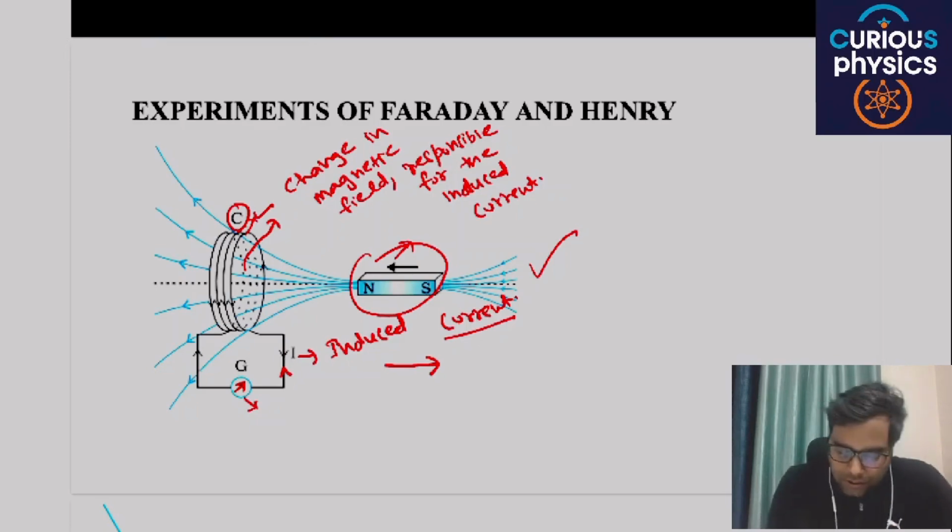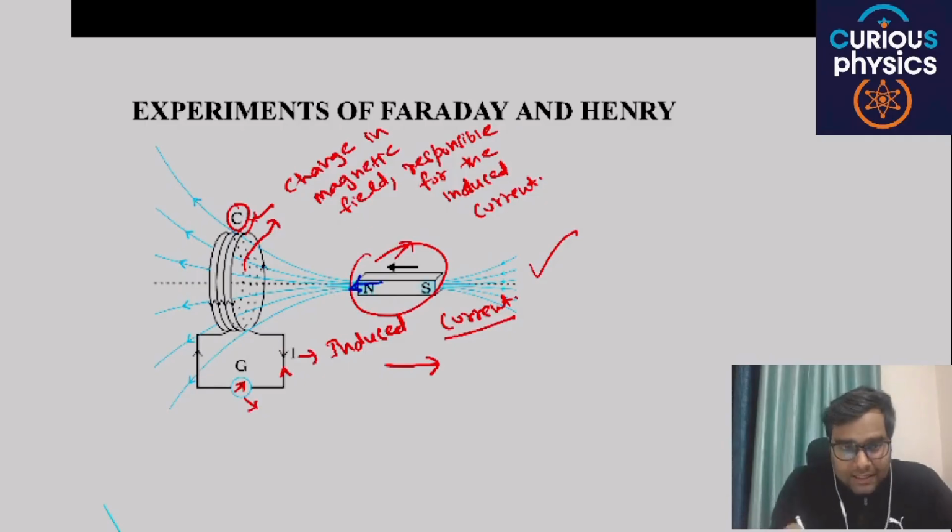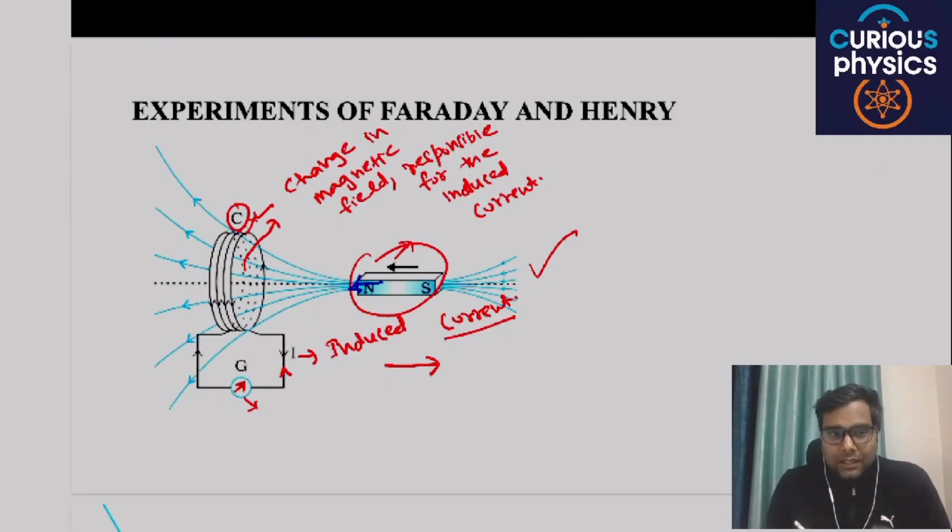So if this magnet is increasing the magnetic flux in the loop C, then the induced current's direction is in this direction. Curl your fingers in the direction of current, and then you will feel the direction of the magnetic field produced by the coil C. The magnetic field produced by coil C will oppose the effect of increasing magnetic flux.